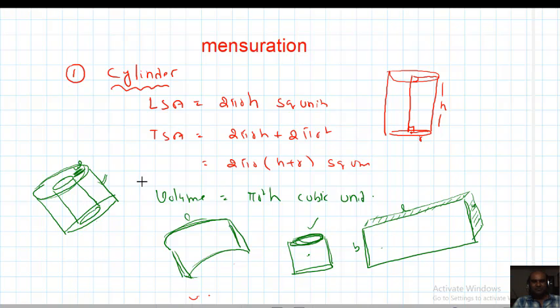Everyone knows about a solid cylinder. This cylinder is a solid cylinder. For example, observe our chalk piece. You can say that is one example of a solid cylinder. This is a solid cylinder. This is a hollow cylinder. This is a cylindrical shell.